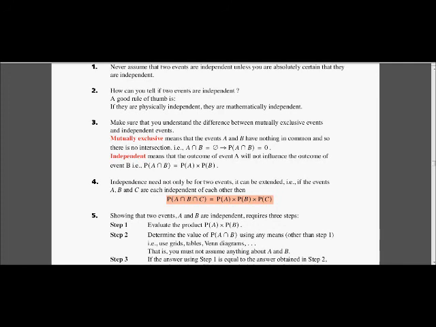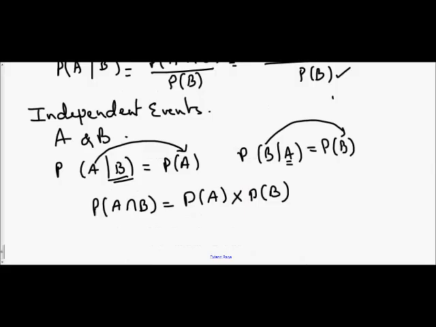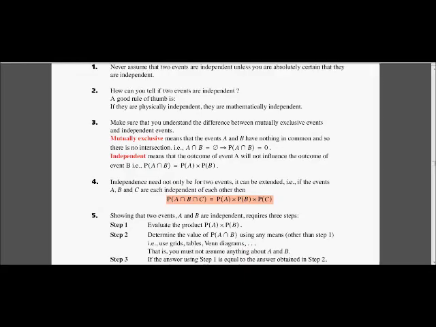We'll now look into some properties of these independent events. The first thing is, never assume that two events are independent unless you are absolutely certain that they are. That is, unless you know that P of A intersection B is equal to P of A times P of B. Unless you prove this mathematically, do not assume that they are independent.